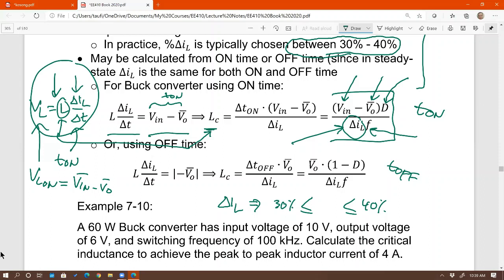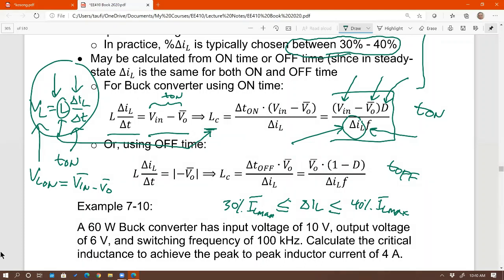This is the wrong statement, so I should put it this way. So delta IL should be in between 40% of IL max average and 30% of IL max average. That's it. Very simple.